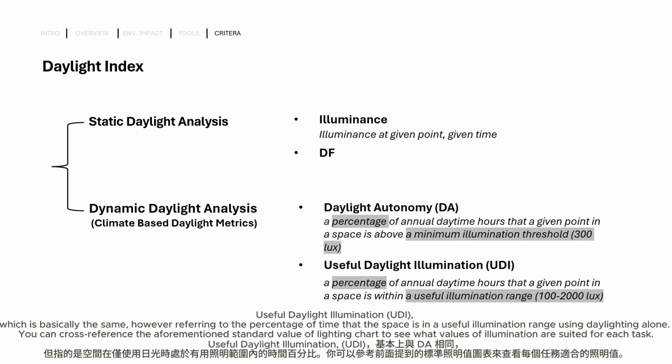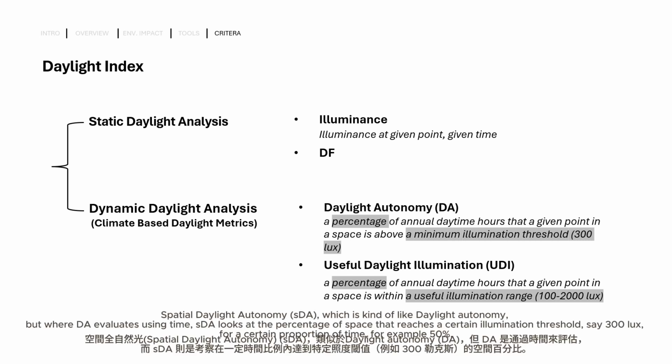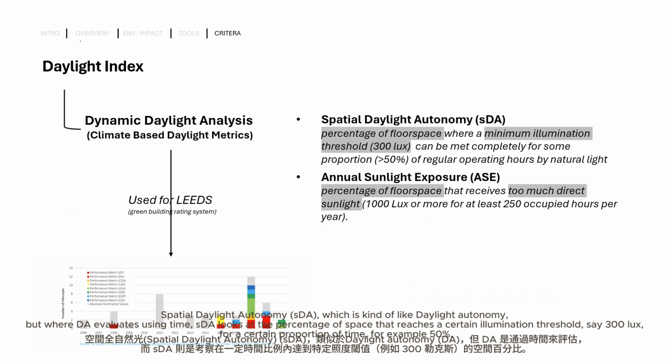You could cross-reference the aforementioned standard value of lighting chart to see what values of illumination are suited for each task. Spatial daylight autonomy, SDA, is kind of like daylight autonomy, but where DA evaluates using time, SDA looks at the percentage of space that reaches a certain illumination threshold, say 300 lux, for a certain proportion of time, for example 50%.